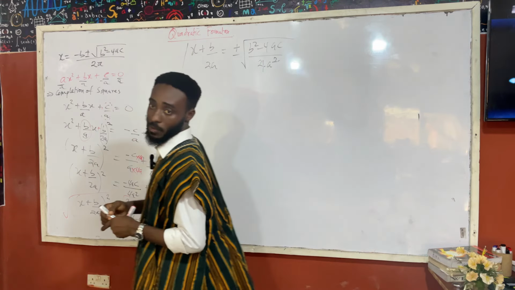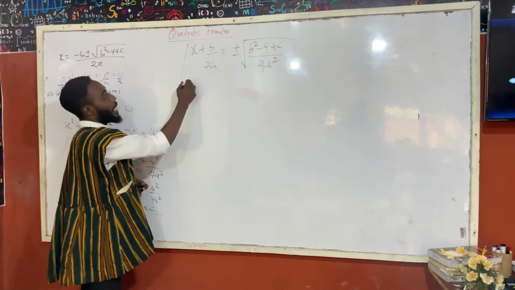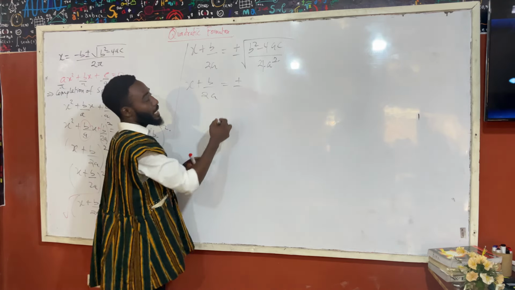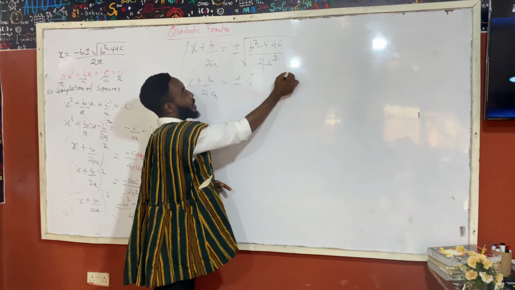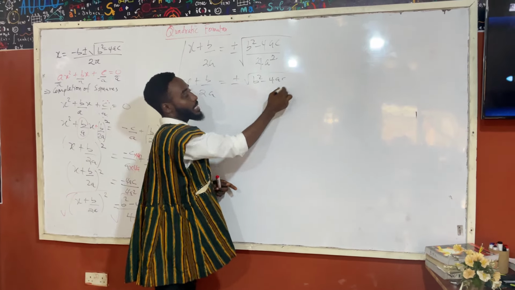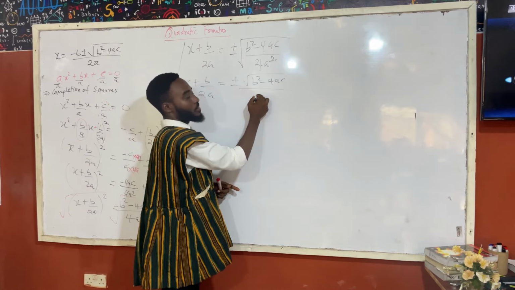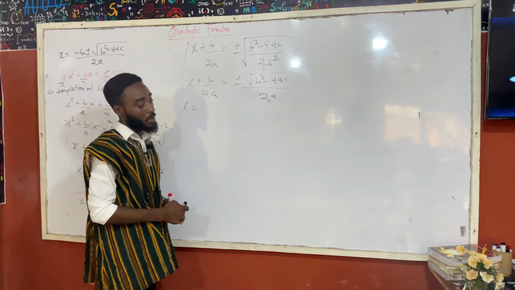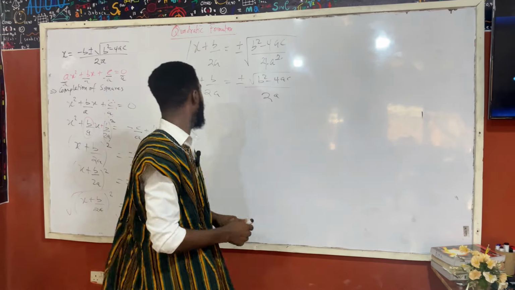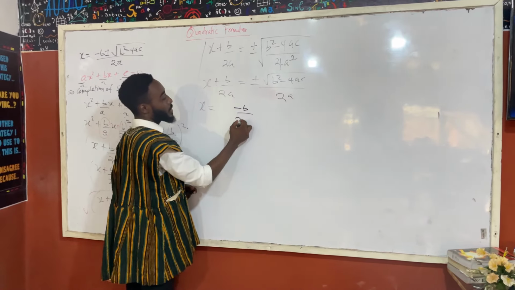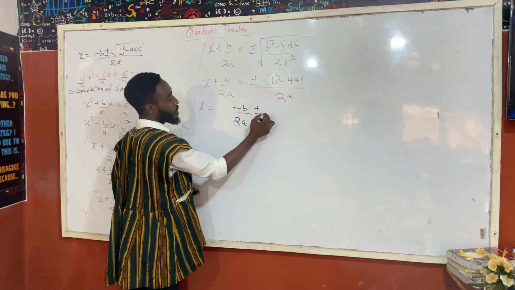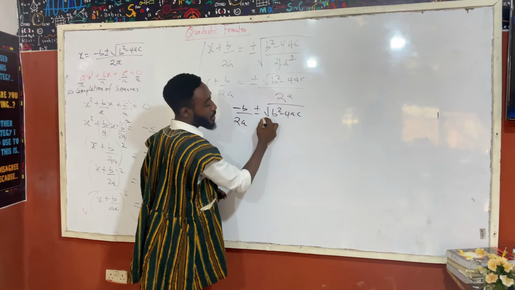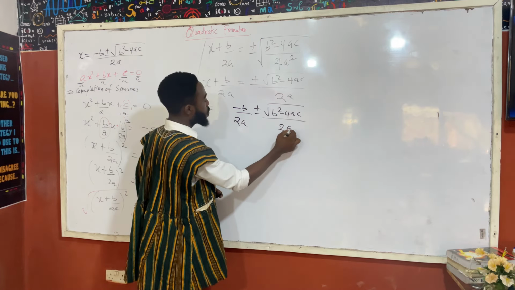All right. So finally, we would have x plus b over 2a is equal to plus or minus root of b squared minus 4ac all over 2a. So it means x will be equal to minus b over 2a plus or minus root of b squared minus 4ac all over 2a.